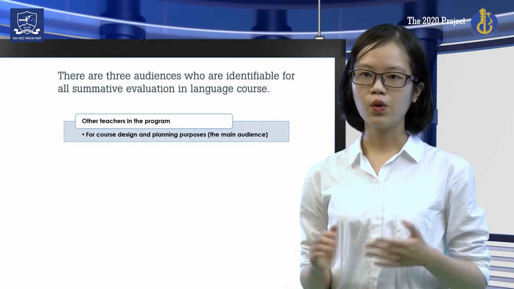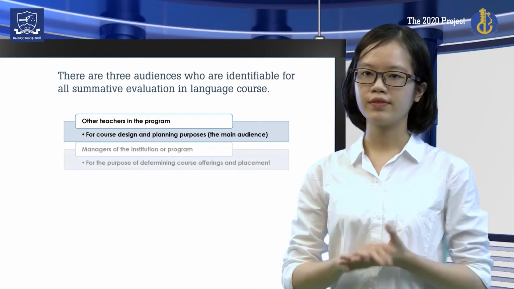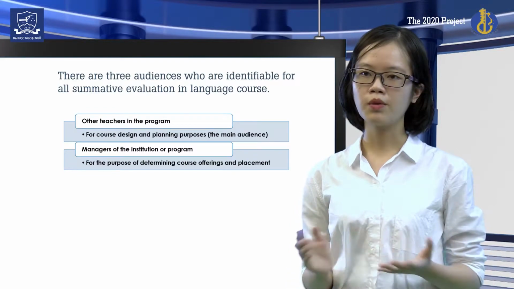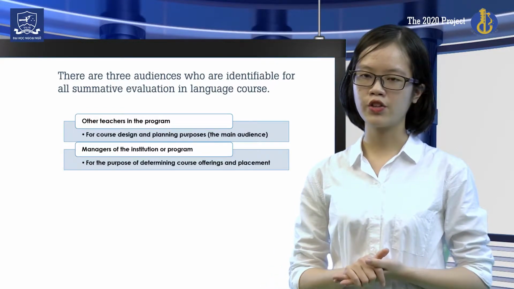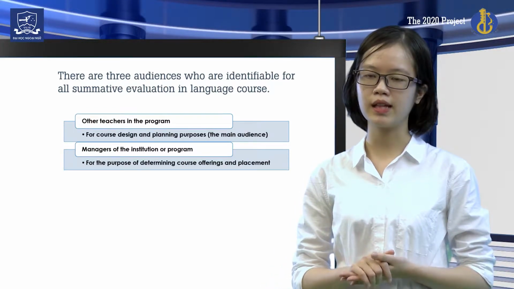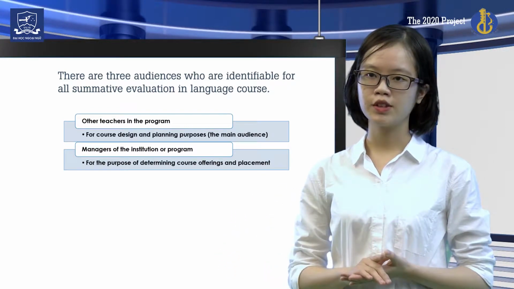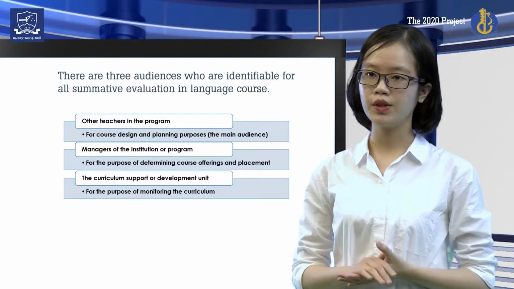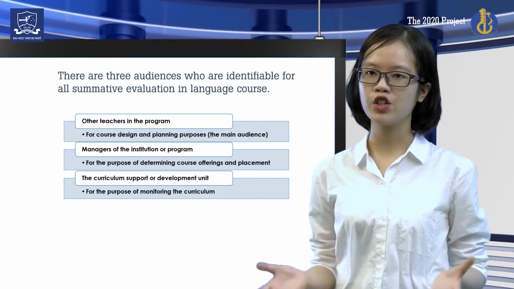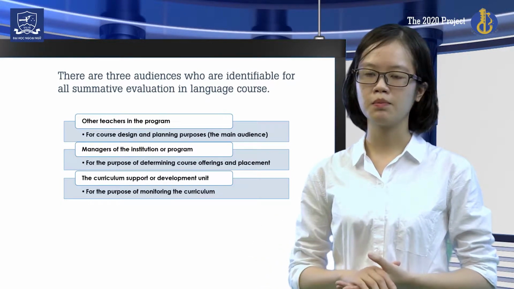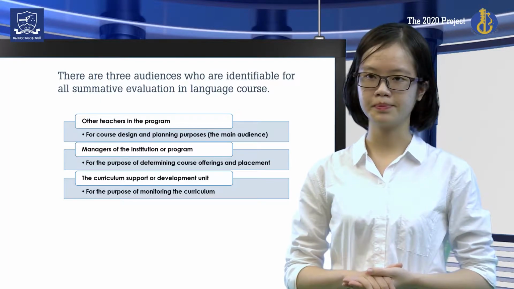Secondly, another audience is the managers of the institution or program who are in charge of determining course offerings and placements. And lastly, the curriculum support or development unit who would use evaluation results for the purpose of monitoring the curriculum.